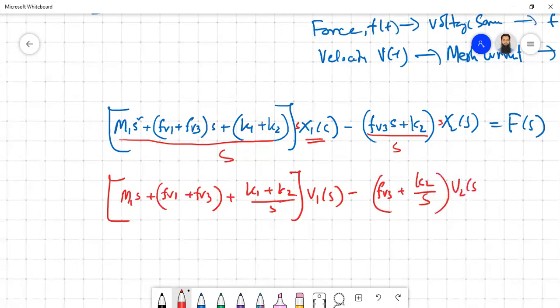And you have V2S. So the second equation, I am just writing directly.